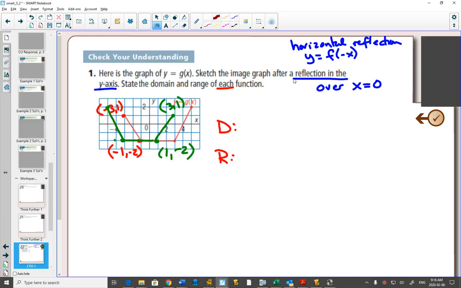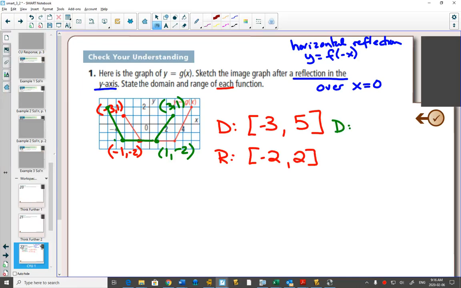So coming from the left, the smallest x value is -3. And then it includes all of the x values until you get to 5. For the range, the smallest y value coming from the bottom is -2. Then it includes all the y values until you get to +2.